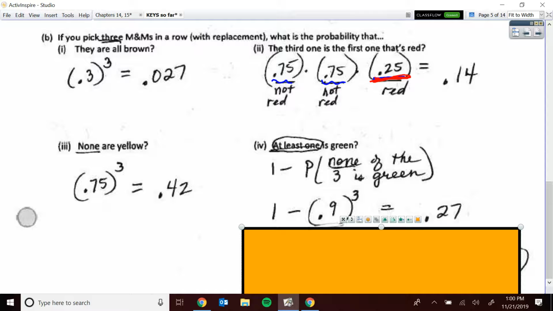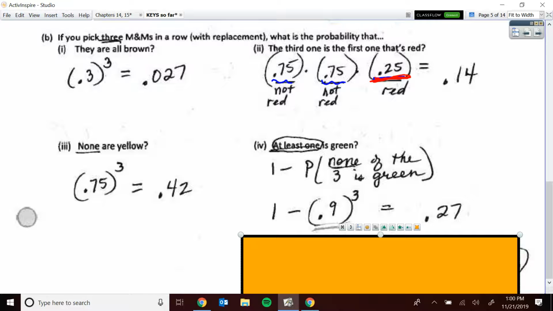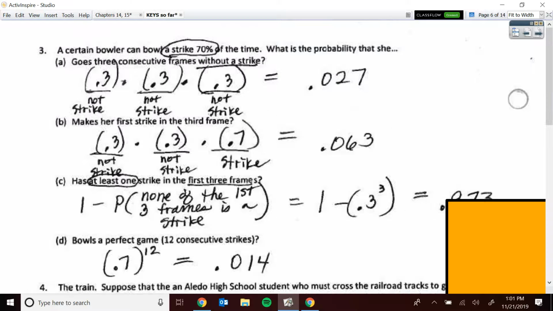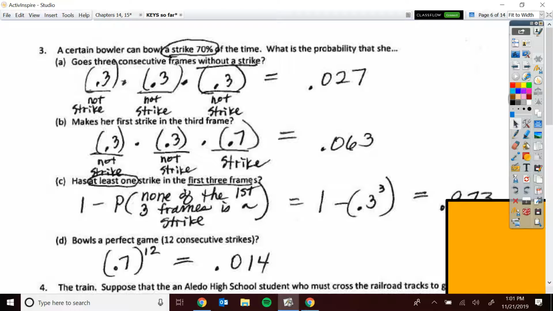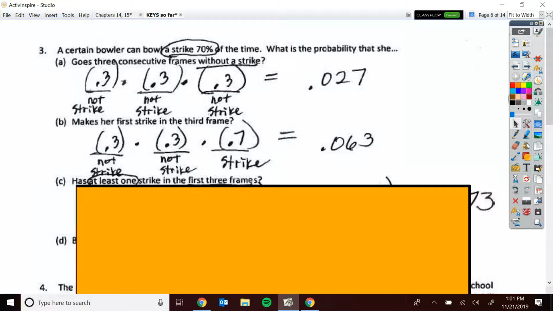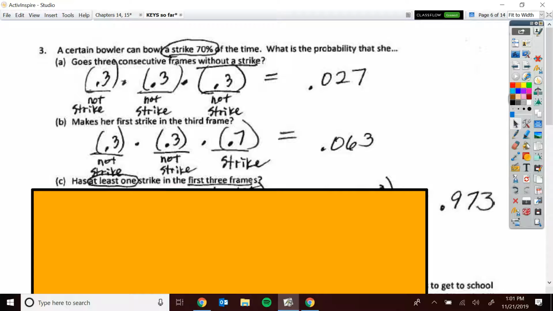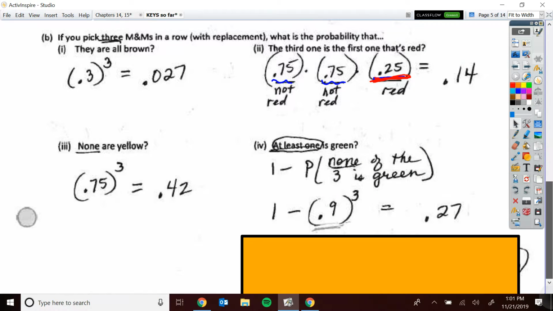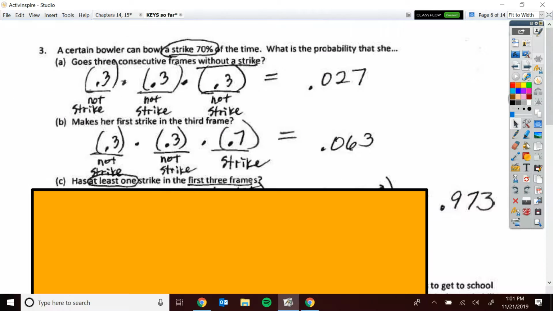So it's 1 minus the probability, or 1 minus 0.9 to the third power. So that's 0.27. All right, 1 minus the probability of none. Next, moving on to here. 0.27. All right, next.